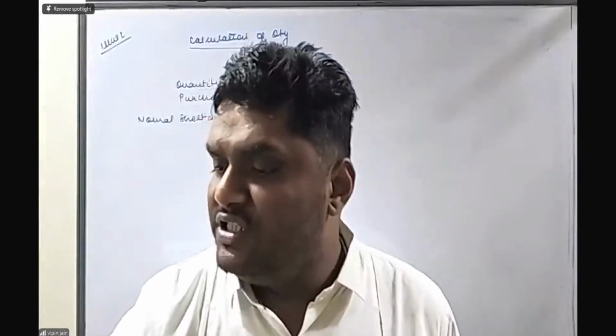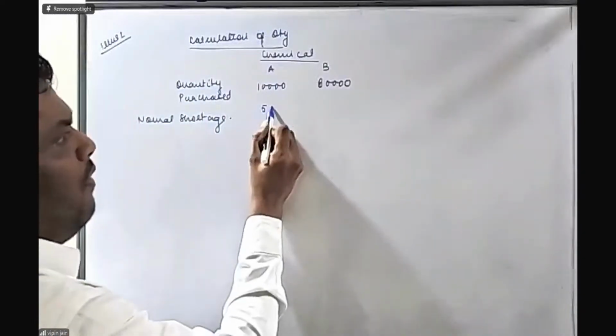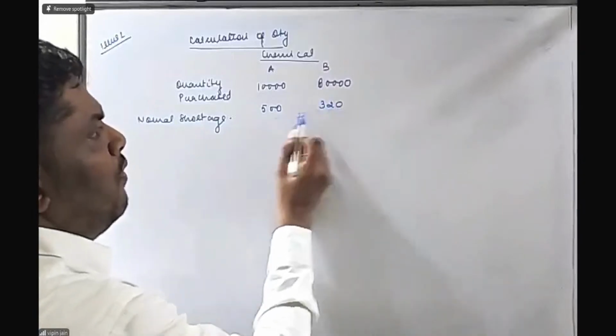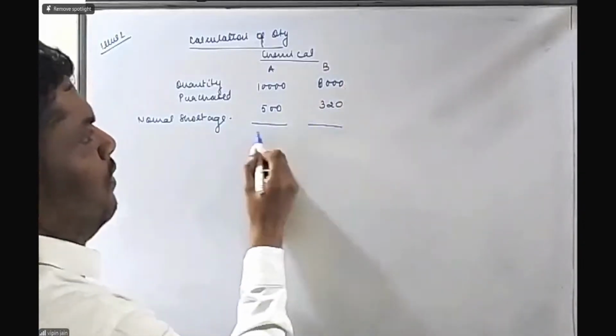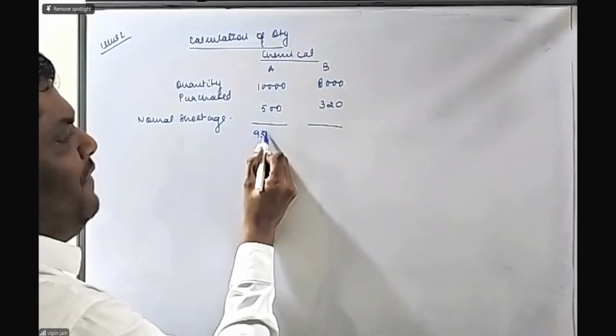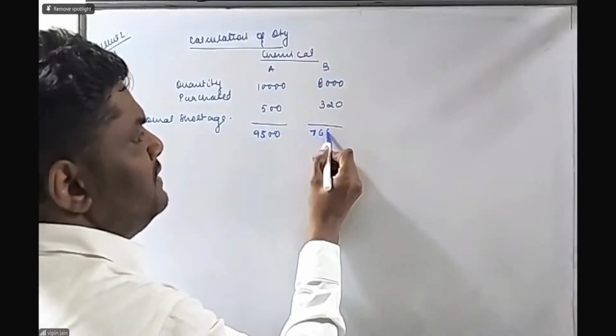It is given in the question straight away, that is 500 and 320 kgs. So this will be 9,500 and this will be 7,680.